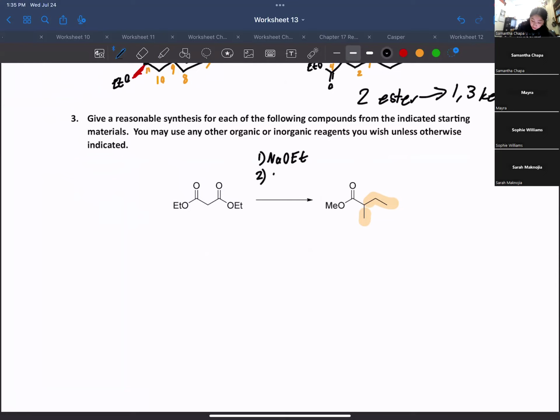Second step is to add one of your groups using your alkyl halide, so I'll put the methyl. Third step, if you still have other groups to put, you'll deprotonate again, and again using an alkyl halide, you'll add that second group. After you're done with that, you're going to remove one of your carboxylic acids using H3O+ and heat. And then you would be left with pretty much this.